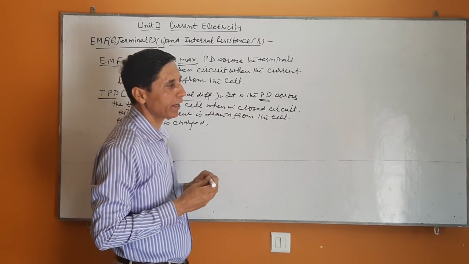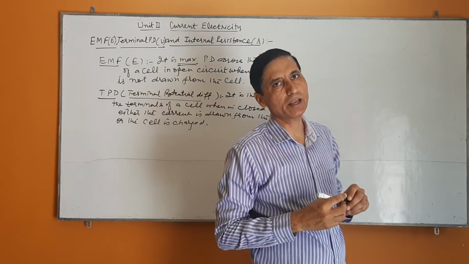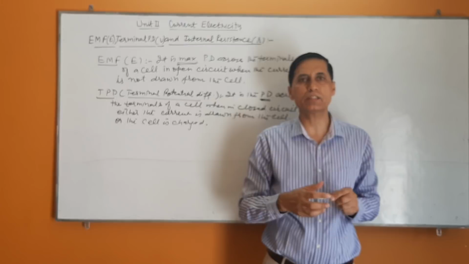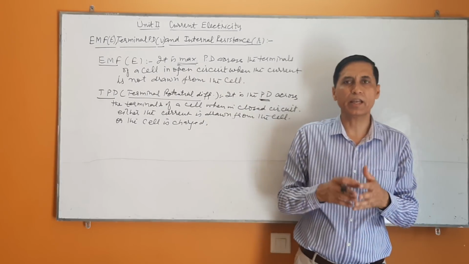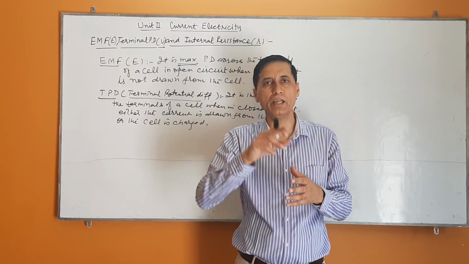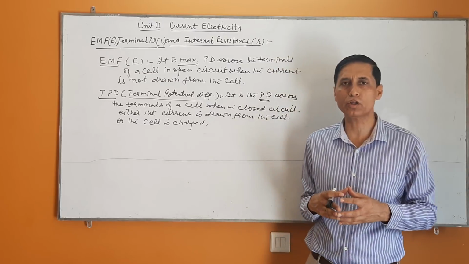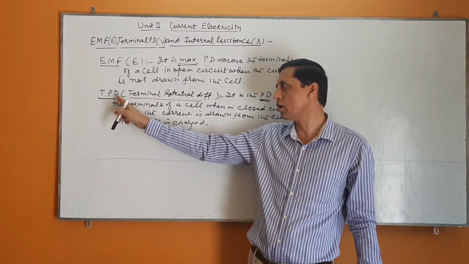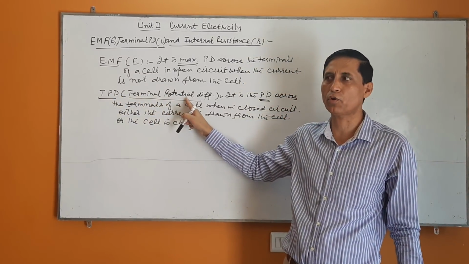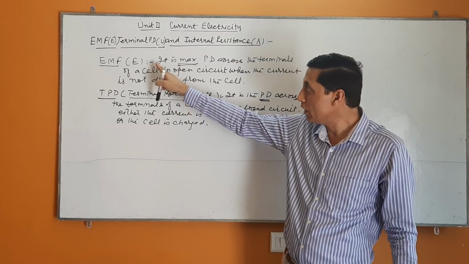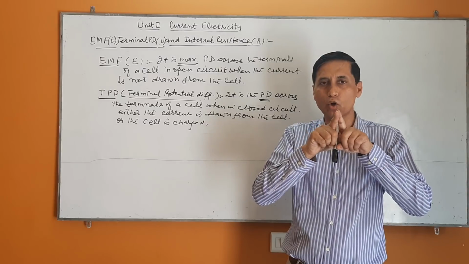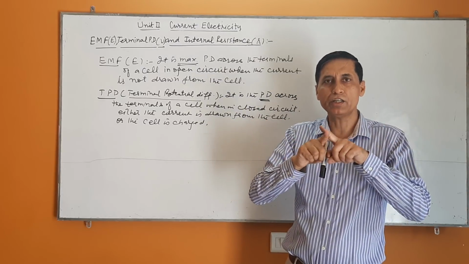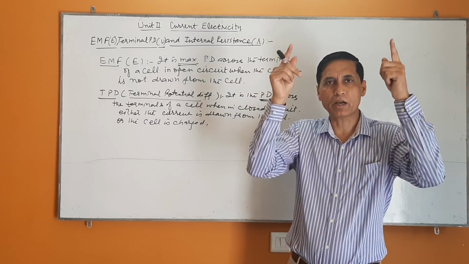There are two possibilities. When we connect a cell in a circuit, either current is drawn from the cell, or the cell is being charged. Again there is a closed circuit and charge is flowing through the circuit, then in both the conditions it is known as terminal potential difference. So EMF is when current is not drawn from the cell and it is not in the charging process, but it is in the open circuit, and then it becomes maximum.